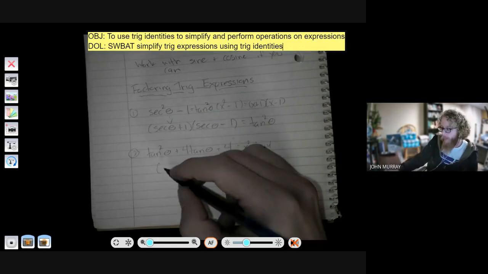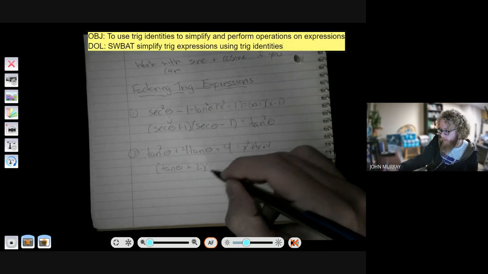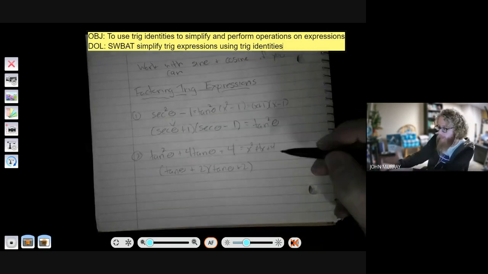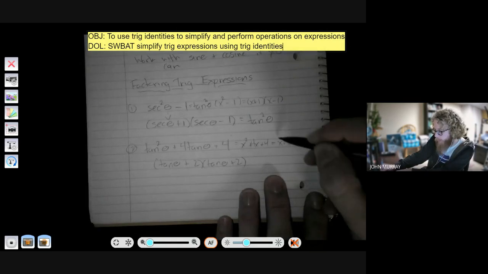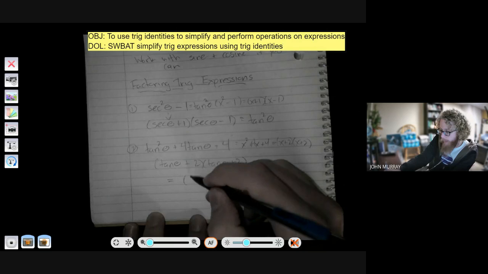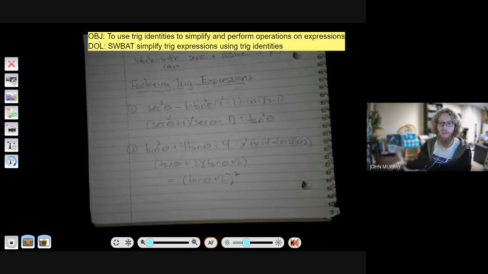I'd have tangent plus 2 times tangent plus 2. If I broke this up, it would be x plus 2 times x plus 2, which I can rewrite as tangent plus 2 squared.